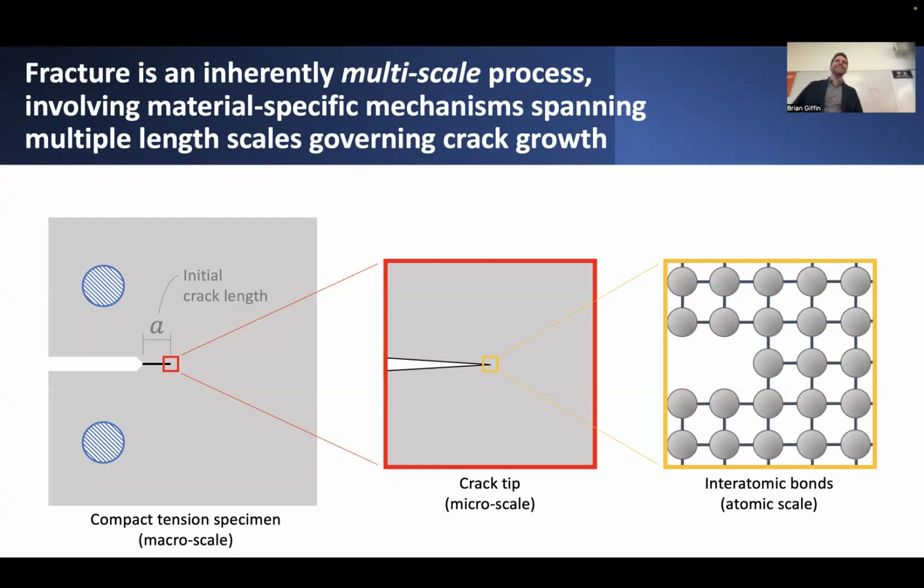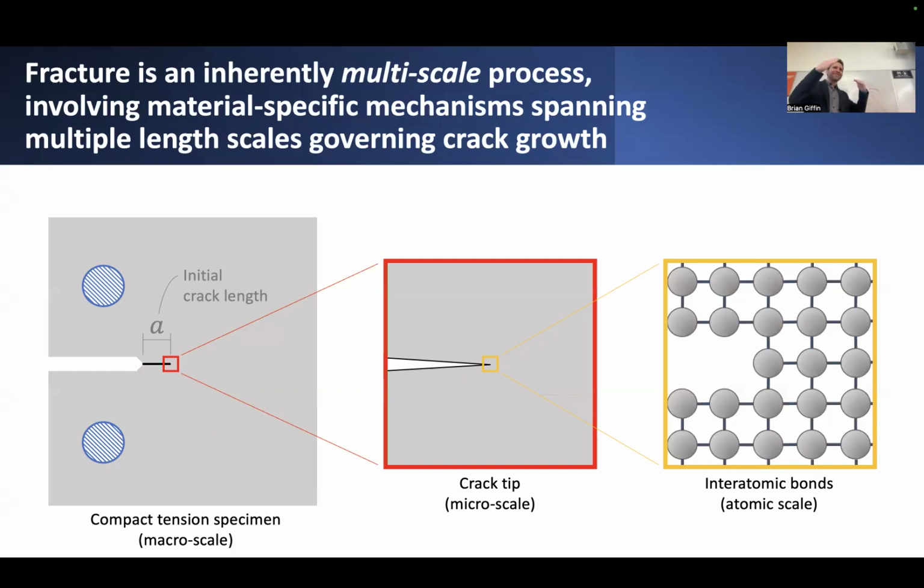And then we could take an even closer look. We could zoom all the way down to the level of the individual atoms in this packing of material at the atomic scale. We can notice that, obviously, at the lowest scales of interest, we're looking at atoms that are bonded together.